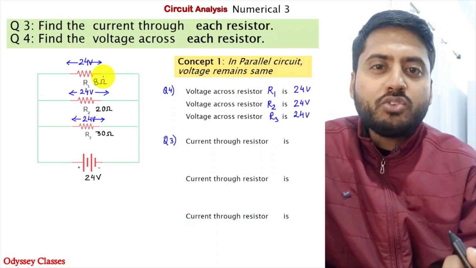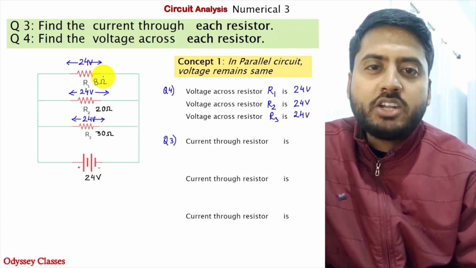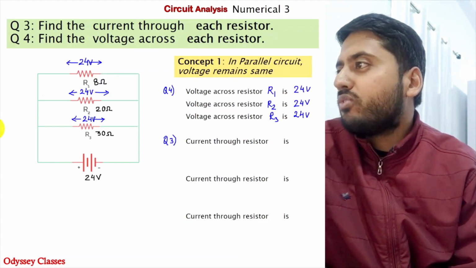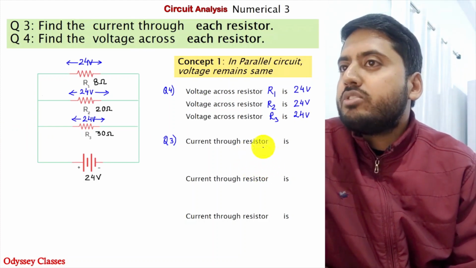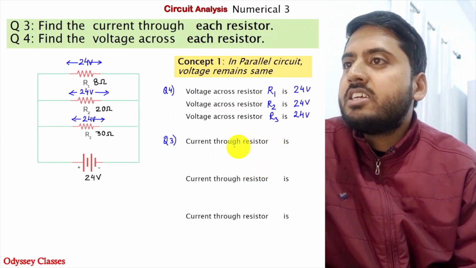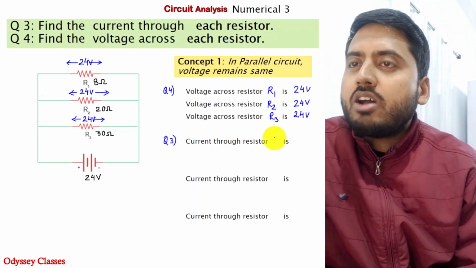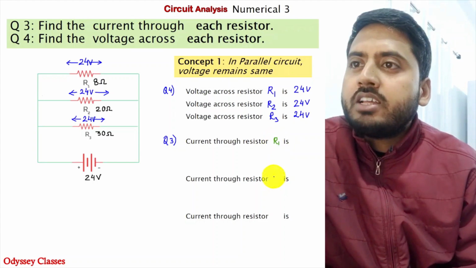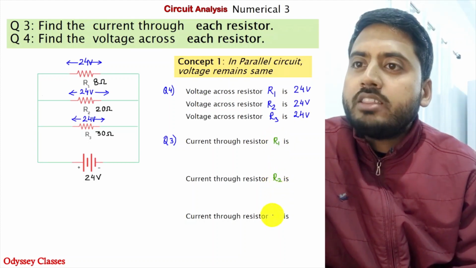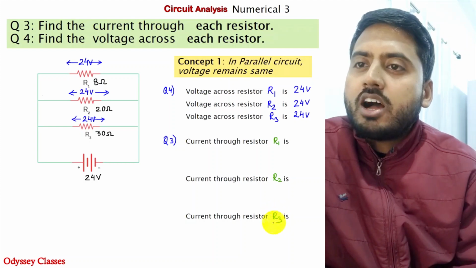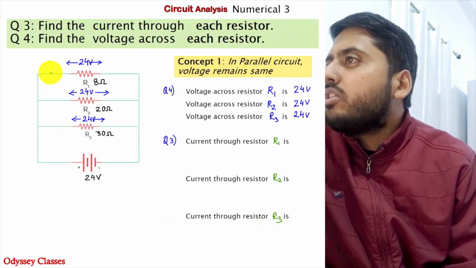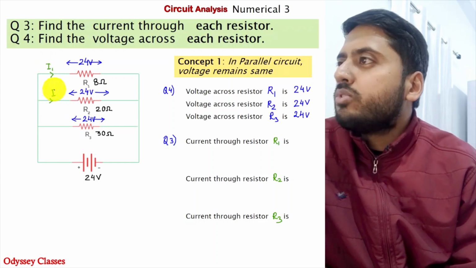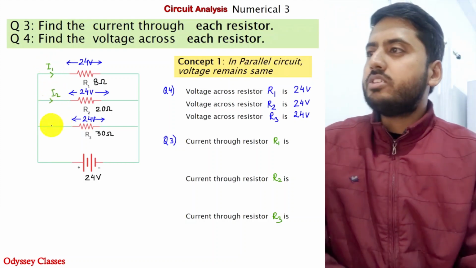So all we need to find is the current, and for that we always have Ohm's law with us. So we can use Ohm's law to find the current through resistor R1, then through resistor R2, and then through resistor R3. So let me call these I1, I2, and I3.